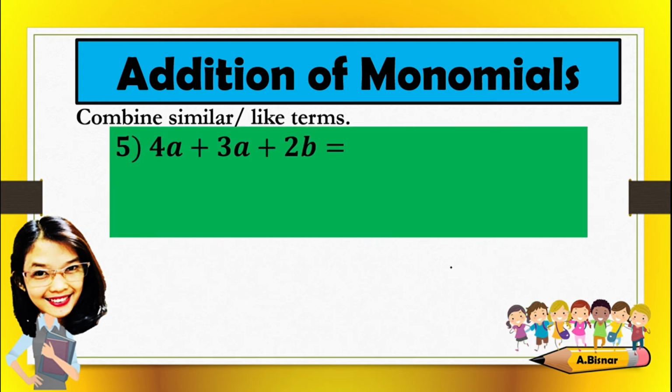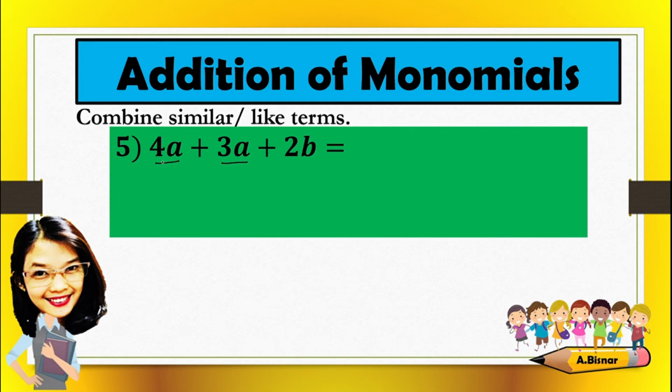For number 5, in here, we have three monomials. Those are 4a, 3a, and 2b. But we will just combine similar terms. And the similar terms in here are 4a and 3a, because the variable in here is b.